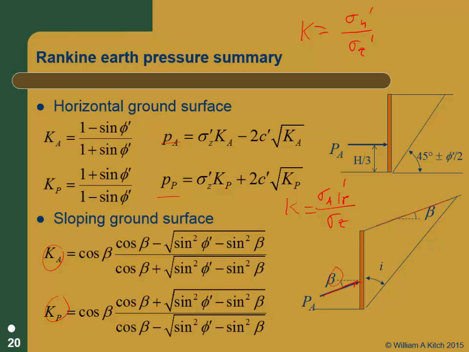So it's not horizontal. When you take sigma z times Kp plus 2c times the square root of Kp, you're not getting the horizontal stress. You're getting the Rankine stress or the Coulomb stress, and they're not necessarily horizontal. The Rankine stress is only horizontal when the back surface is horizontal, and the Coulomb stress is only horizontal if you assume delta is equal to 0, in which case it's the same as Rankine. Do you understand that that's really important?